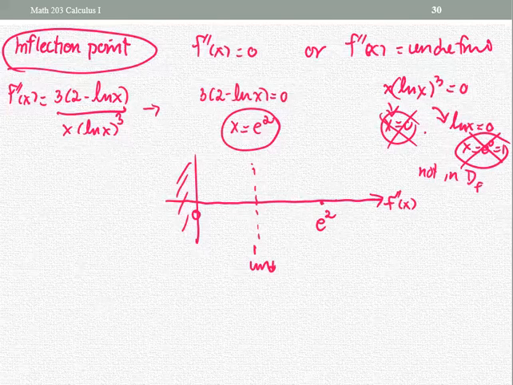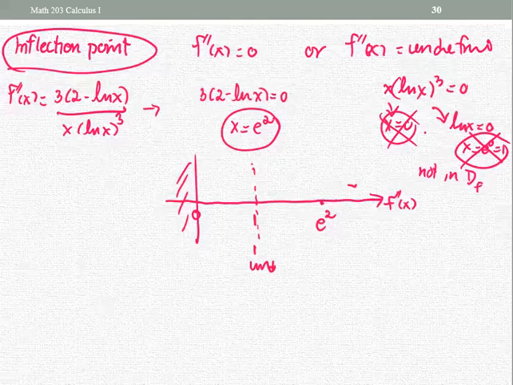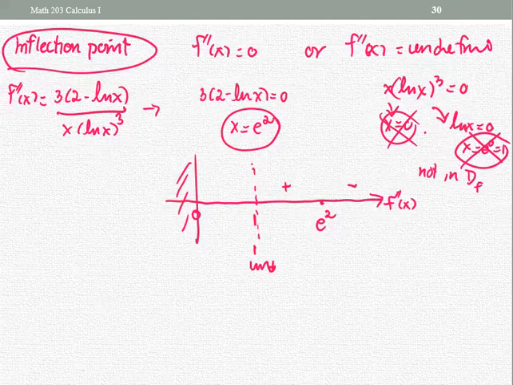We are going to find the sign, either positive or negative, of f double prime in each interval. For the interval greater than e to the second, pick a number to find the sign of the double prime. We get the sign negative on the right side of e to the second. And then between 1 and e to the second, the sign of f double prime is positive. Between 0 and 1, the sign of f double prime is negative.